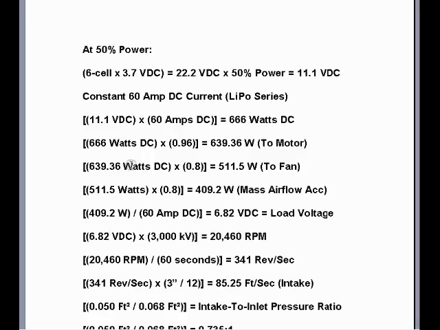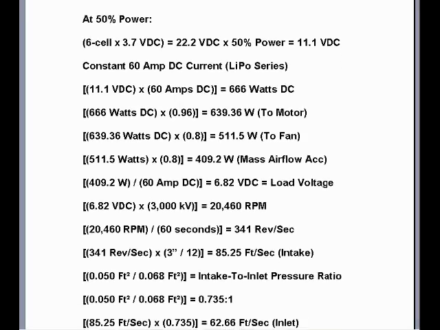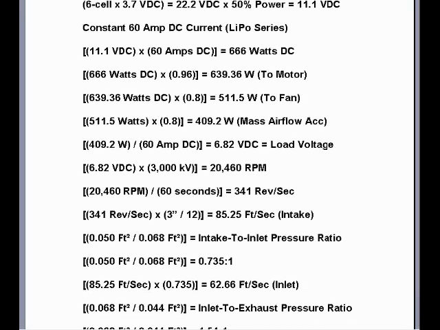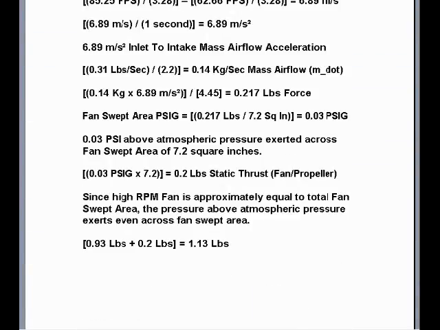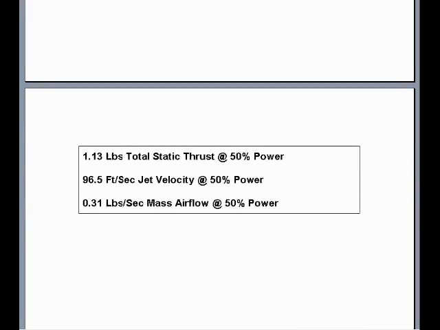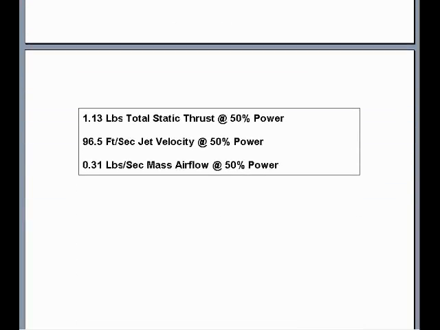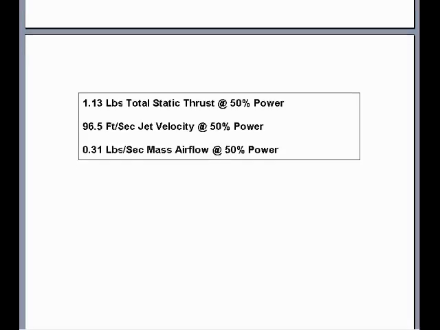So when we apply the series of equations and formulas like we did before, same methodology, we have a total static thrust of 1.13 pounds at 50% power, 96.5 feet per second jet velocity, and 0.31 pounds per second mass airflow.